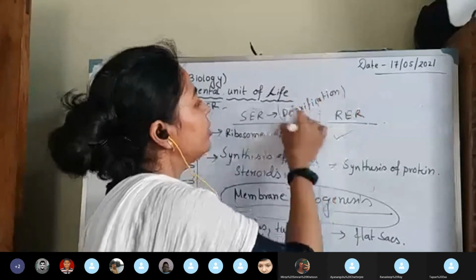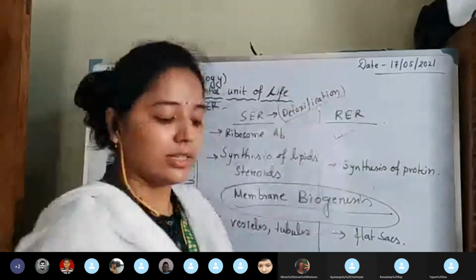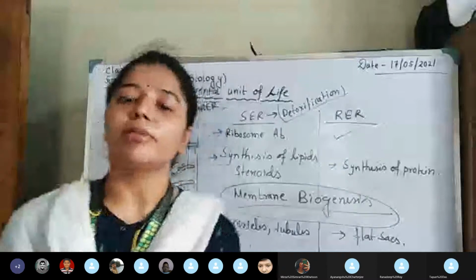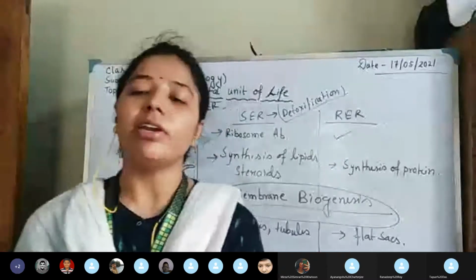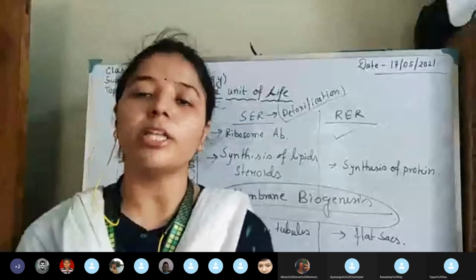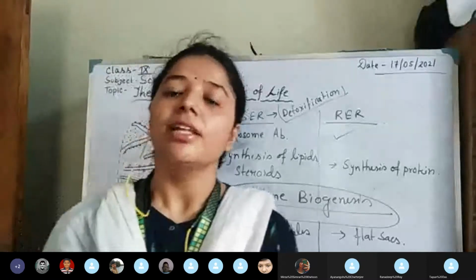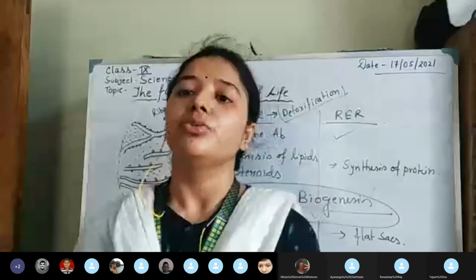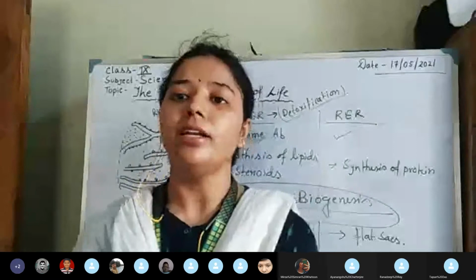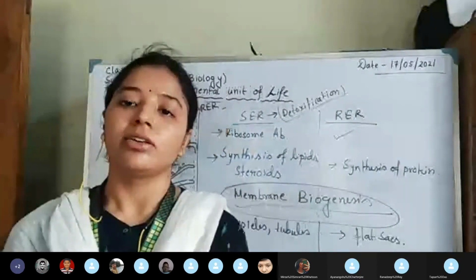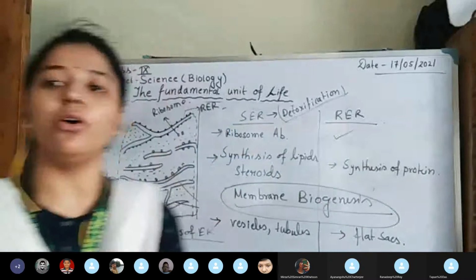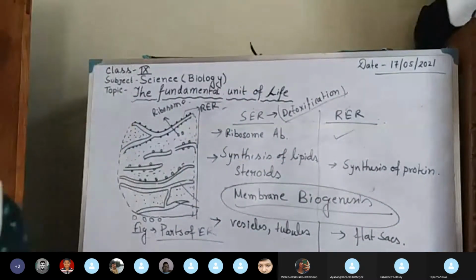So it detoxifies the toxic material from our body. In our liver cells there is smooth endoplasmic reticulum which detoxifies the toxic material present in the liver and makes our liver healthy. Okay, you may note this down.